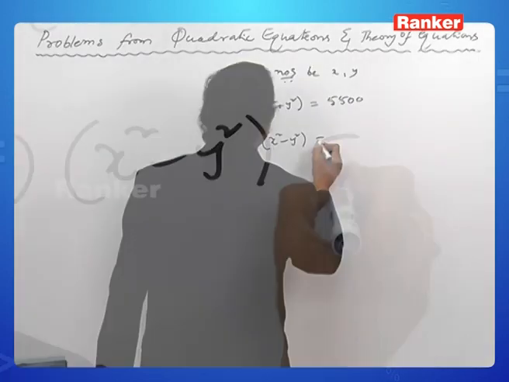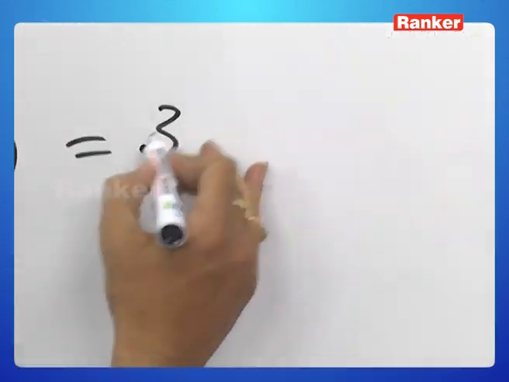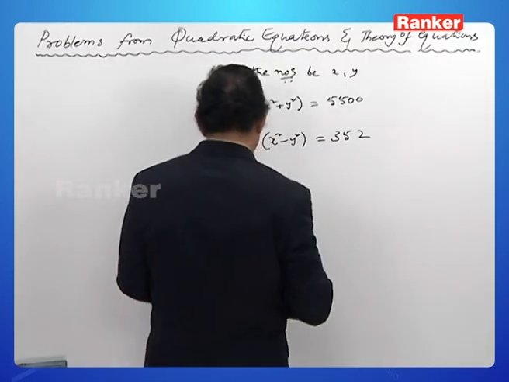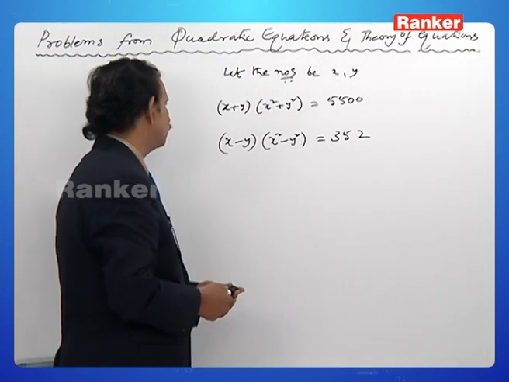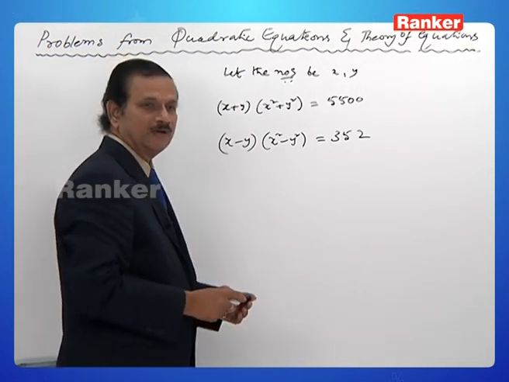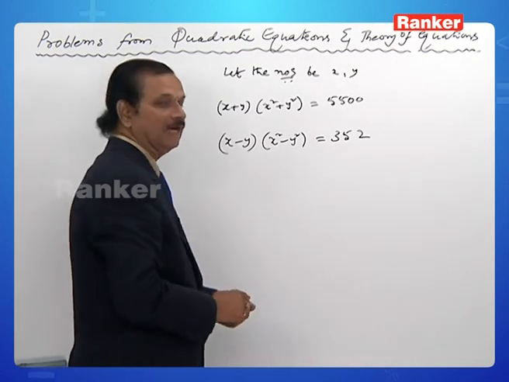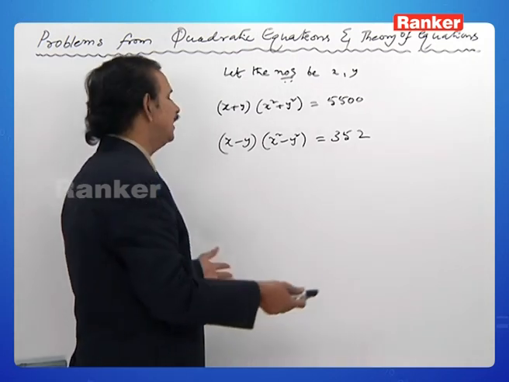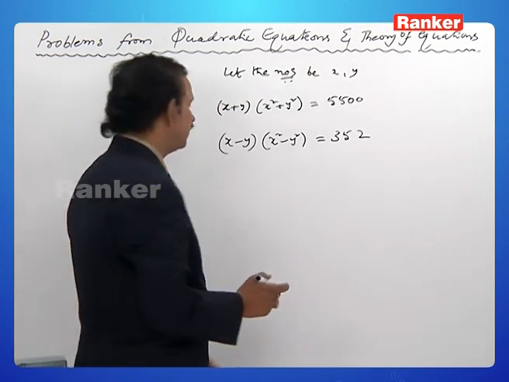Of course, this gives the product 352. If you add them, you have x cube plus y cube, and if you subtract them, you have xy into x plus y. By solving them, you will be able to find x and y very easily.